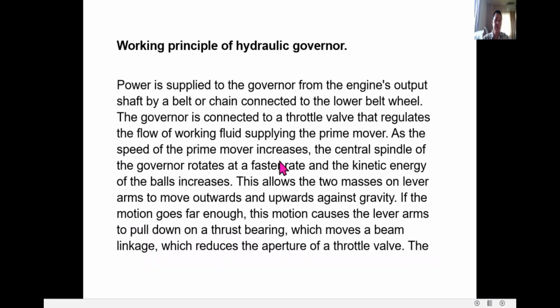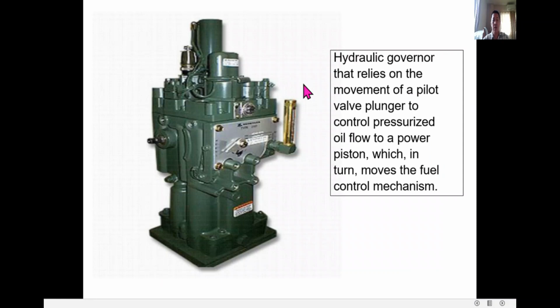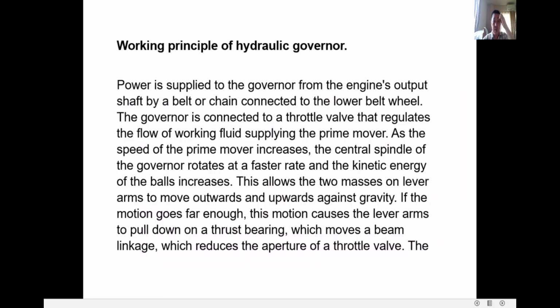Working principle of hydraulic governor. Power is supplied to the governor from the engine's output shaft by a belt or chain connected to the lower belt wheel. This is for a small engine. The governor is connected to a throttle valve that regulates the flow of working fluid supplied to the prime mover, which is the engine.